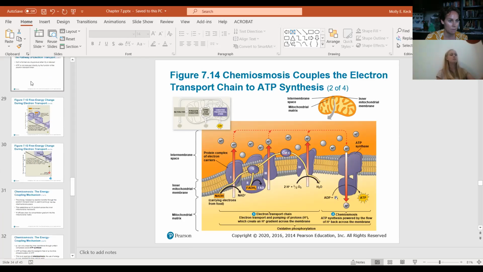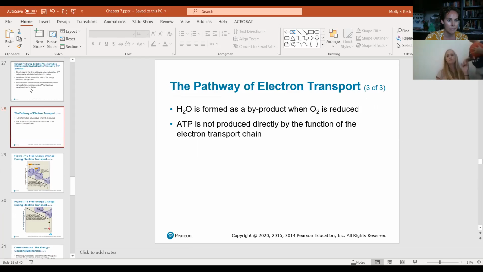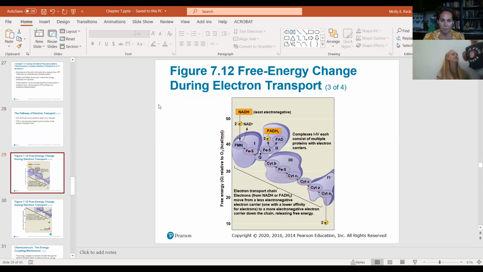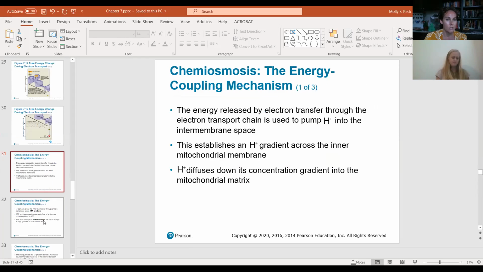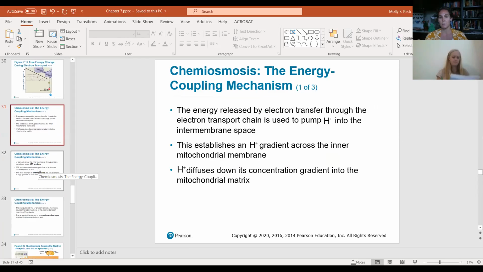So now I'm going to go back up because I feel like looking at that makes it a little easier to understand. This is just a breakdown of it showing that NADH and FADH2 give up their hydrogens and get shoved across the membrane. So energy is released by electron transport when the hydrogen gets pumped back into the inner membrane space.